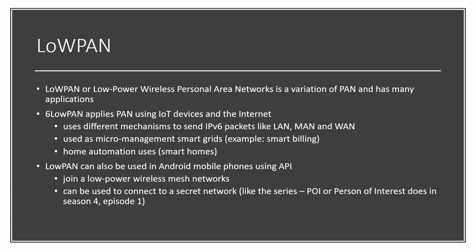For example, if you have seen the series Person of Interest, season 4 episode 1, they use the mobile phone to connect to a mesh network, which actually uses the cables or wireless antennas in the television sets, and uses that network to communicate secretly without the government being able to detect it. So LoWPAN can be used to connect to different wireless mesh networks without being detected as well.